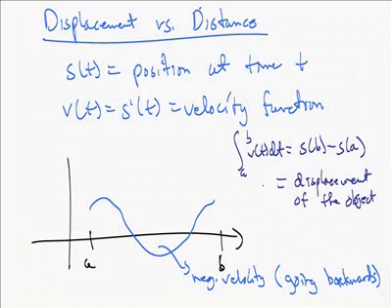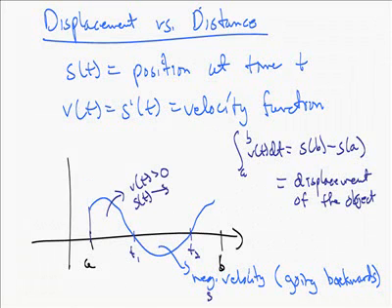All right? Because what it's measuring really is, say, again, we have positive velocity here from a until this point. Let's call this t1 and then t2 here. So from a to t1, we have a velocity function that's greater than 0. So that means that s of t is going this way.